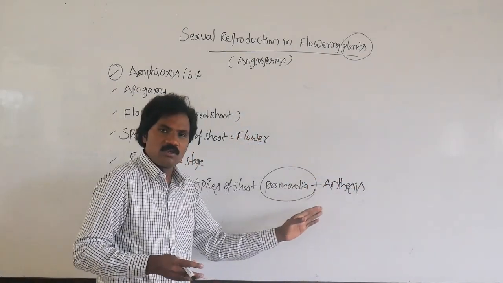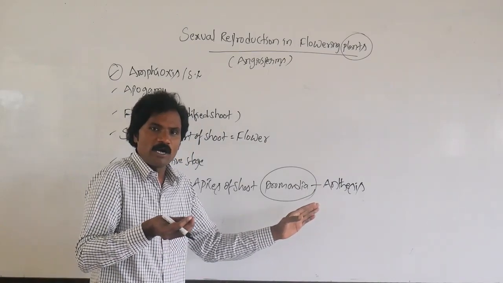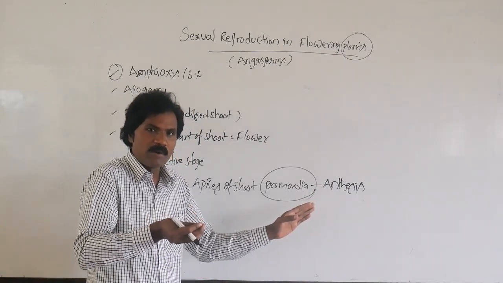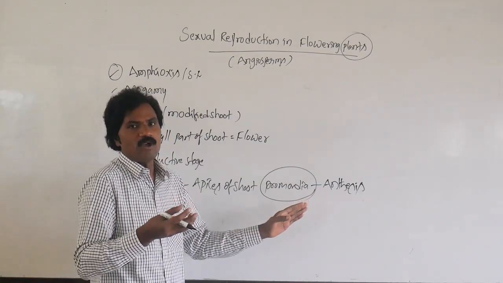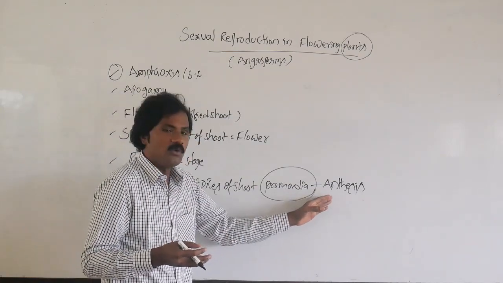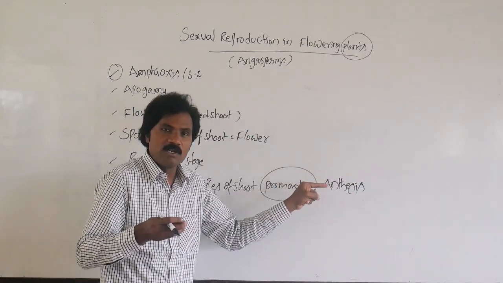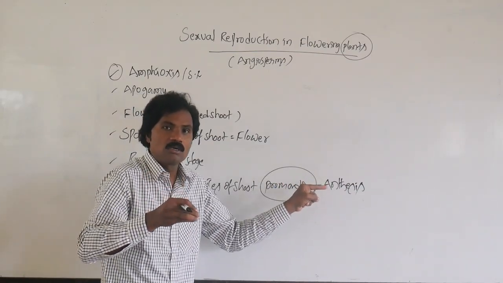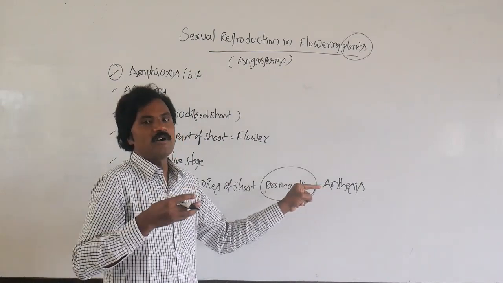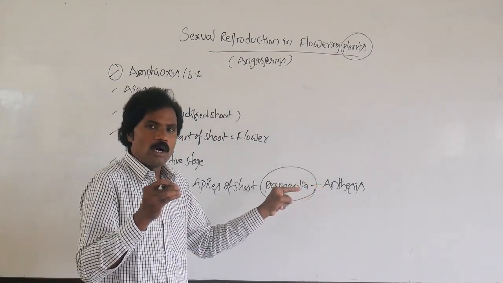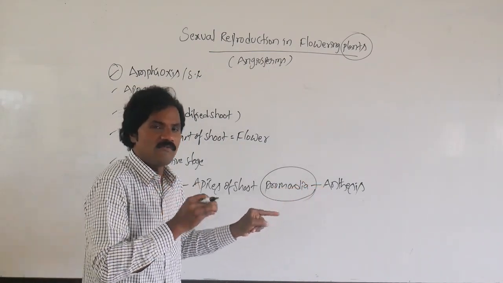What does anthesis mean? Readiness for the formation or development of the flower parts. In anthesis, the plant is ready to start forming the flower. Now we ask: what is the axis of the flower?